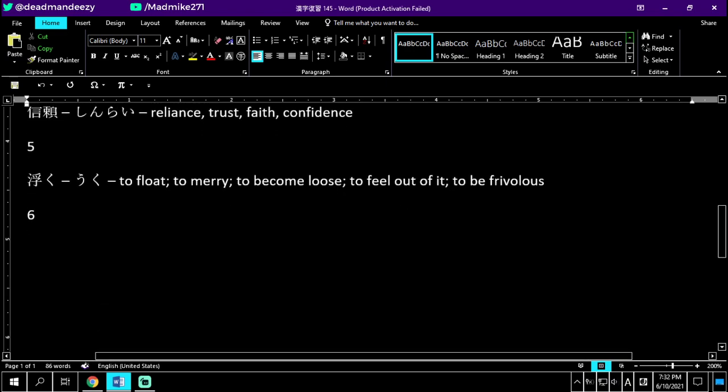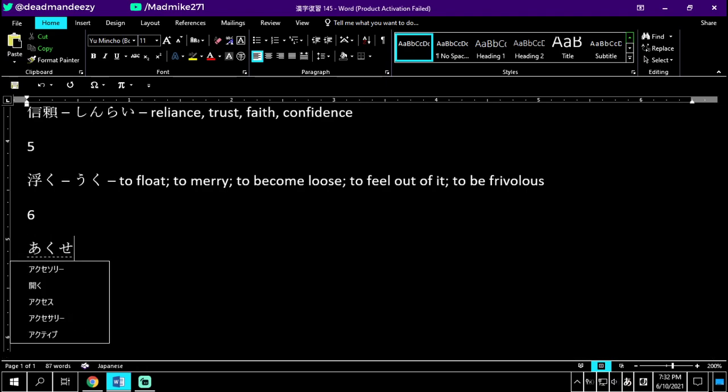Number 6. 6番っていうのは何ですか? This is an easy one. This is just access. Access.